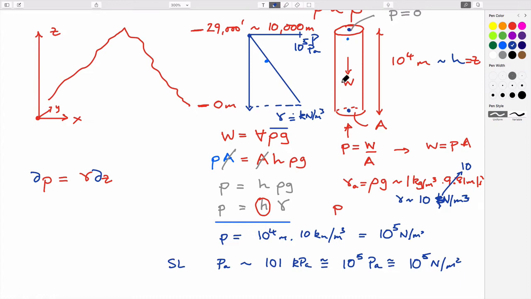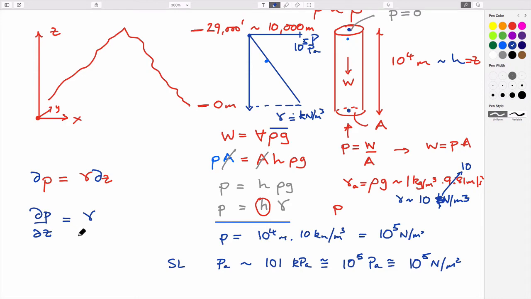We're going to think of this as a bucket that is no longer a circular section, but a little square differential cube. And that gives us this important relationship: by rearranging, the rate of change of pressure with elevation is equal to the unit weight of fluid.